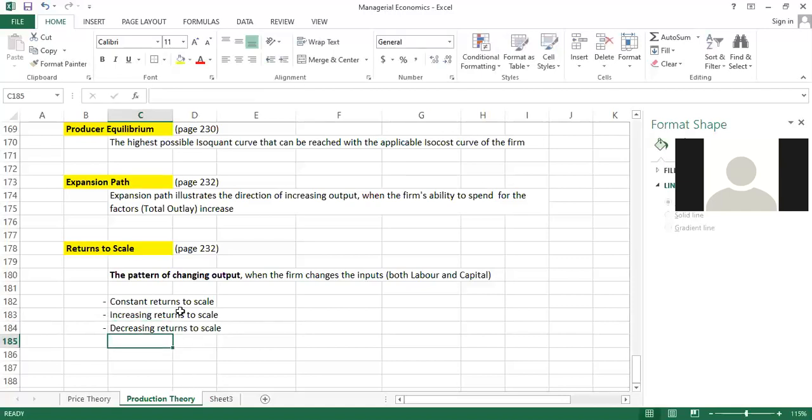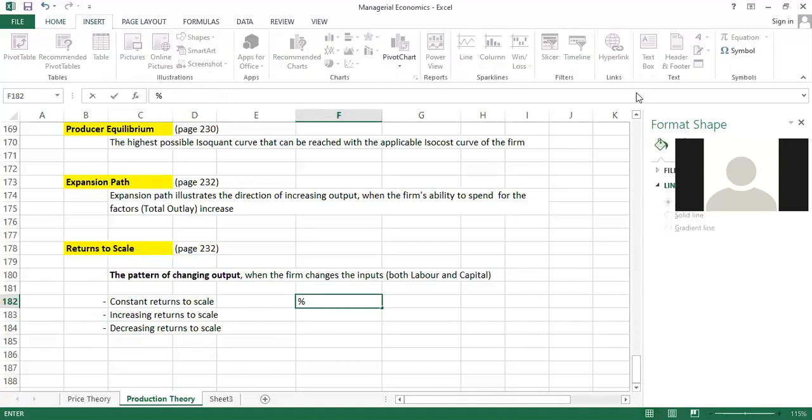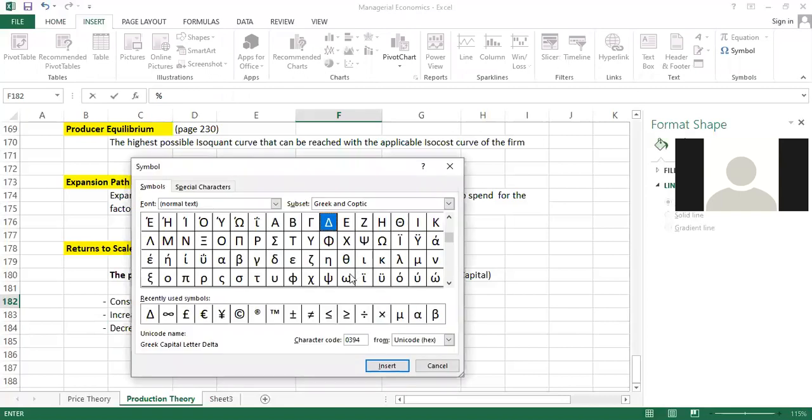Okay, what is the meaning of constant return to scale? Constant return to scale means the proportionate increase in input and the proportionate increase in output will be the same. For the change we use the delta sign.